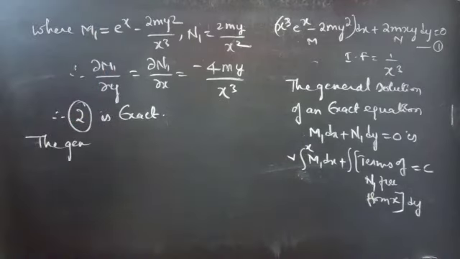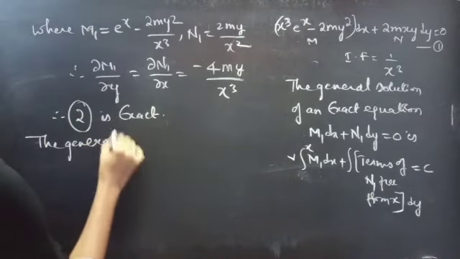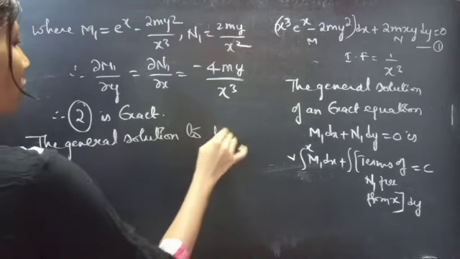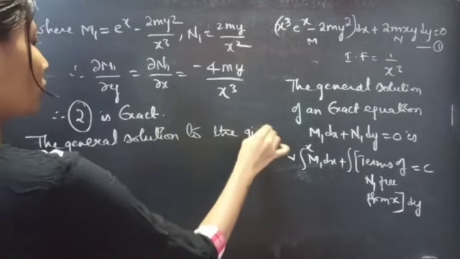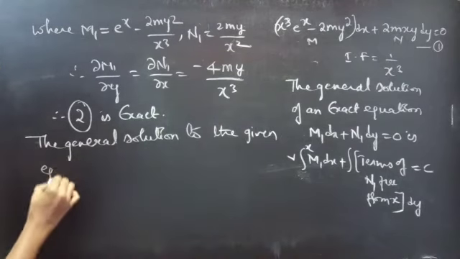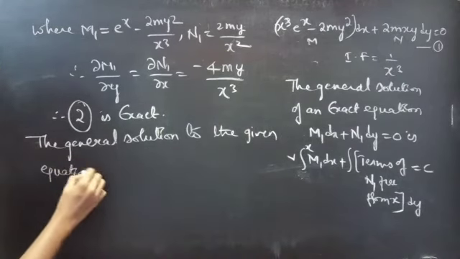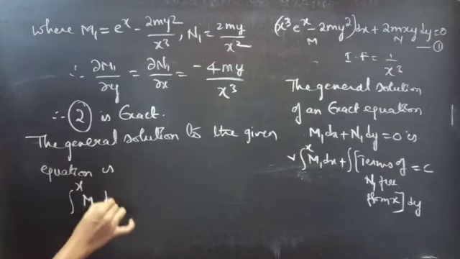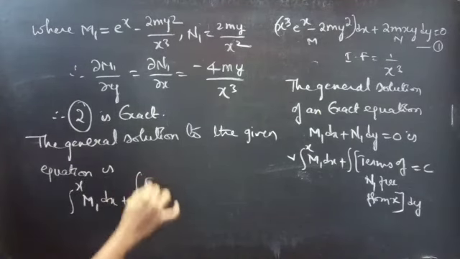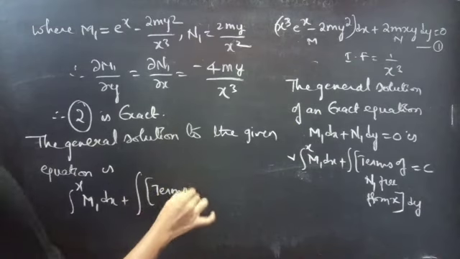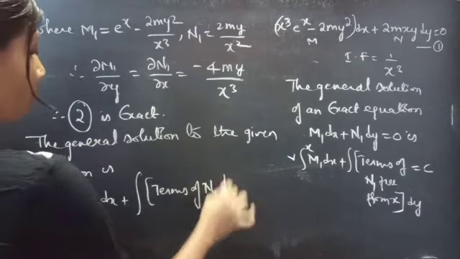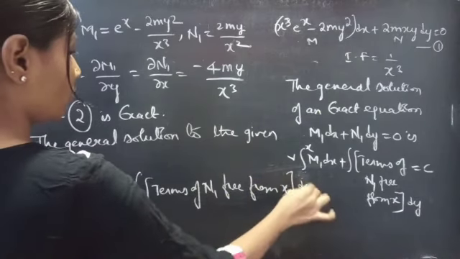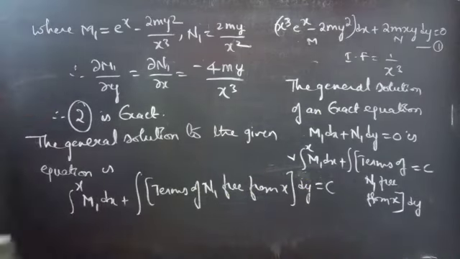The general solution to the given equation is the integral over x of m1 dx plus the integral of terms of n1 free from x into dy equals c, right?